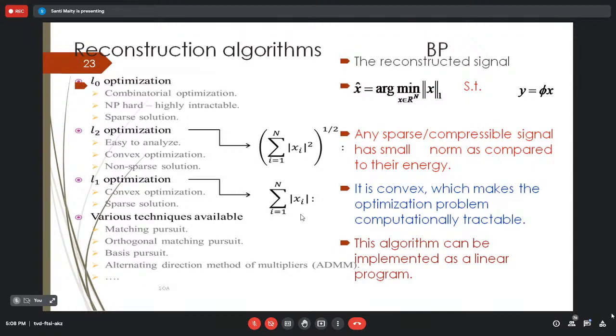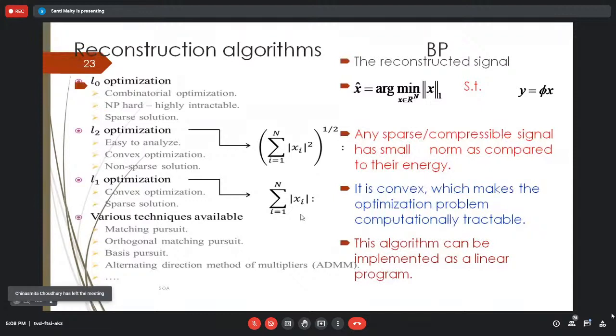That's the convex optimization framework. And I didn't show you the pictorial diagram of the L0 optimization. L0 optimization means you look for k non-zero coefficients, the lowest number of non-zero coefficients. That's the L0 optimization. Means you look for the minimum non-zero values from which you can reconstruct back the n-point data.